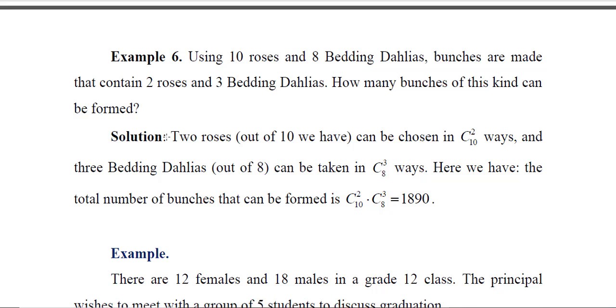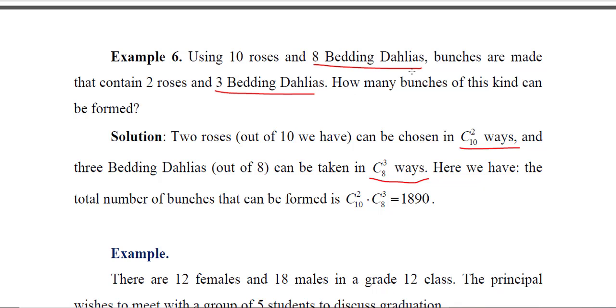Let's consider the solution. 2 roses out of 10 can be chosen in combination 2 from 10 ways. This is very easy, obviously. Similarly, we have 3 other flowers out of 8, which can be taken in combination 3 from 8 ways.